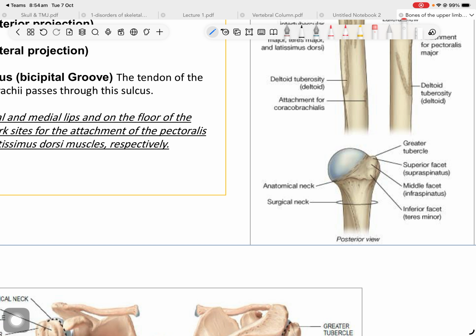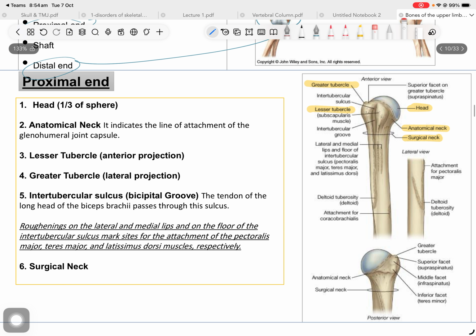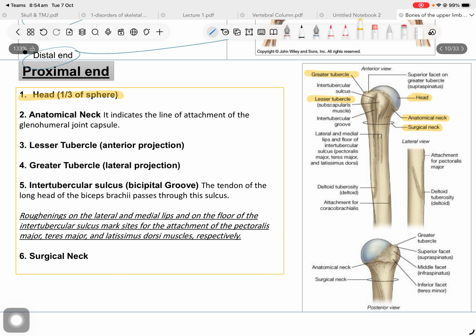So what should I know here at the proximal end? I should know there is a head, which is one third of a sphere. Below the head directly, I have the anatomical neck. The most constricted part is the surgical neck. Why surgical? It's a common site of fracture. Then I have two processes here. Laterally, I have the greater tubercle. Anteriorly, I have the lesser tubercle.